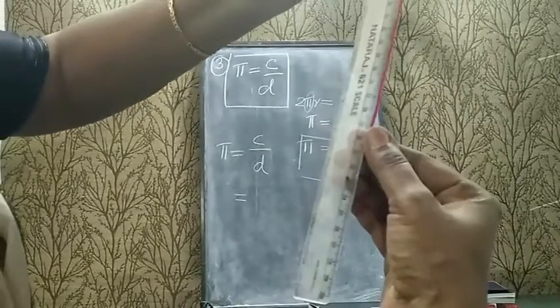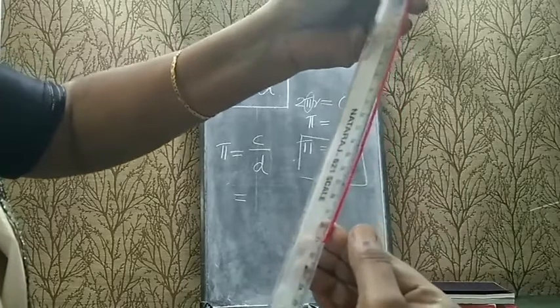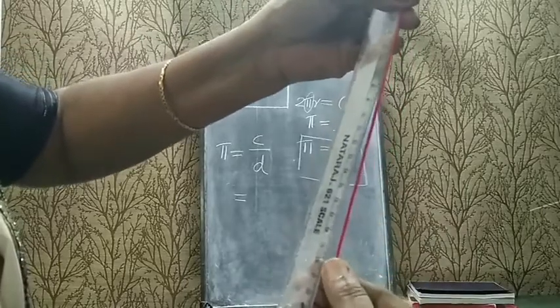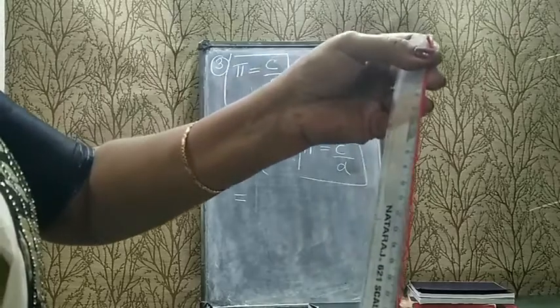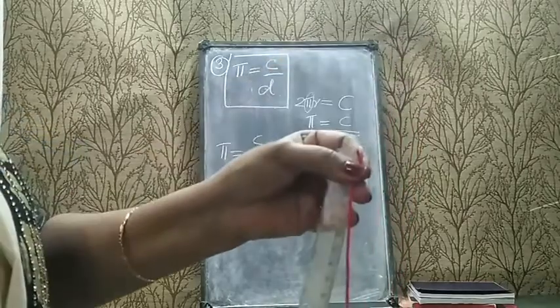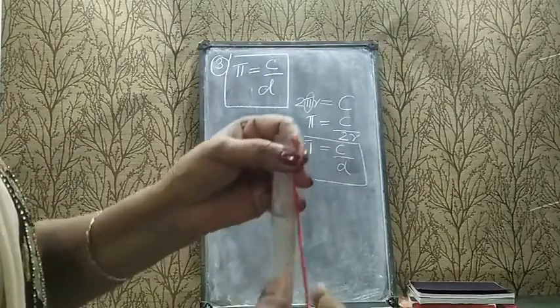At home you can do this activity. Just try it. It is not necessary that you should get the same circumference. You can take any circle, the size can be according to you. It can be 2 centimeter, 3 centimeter, 4 centimeter. Okay, no problem.